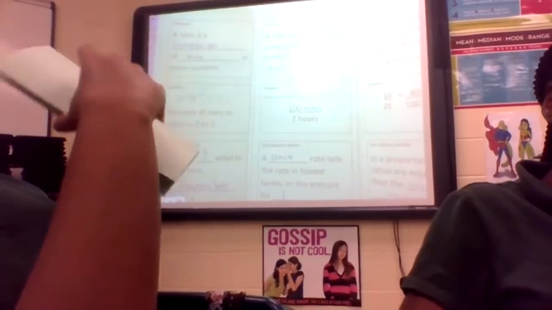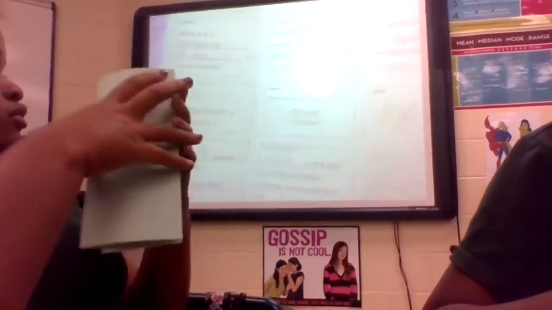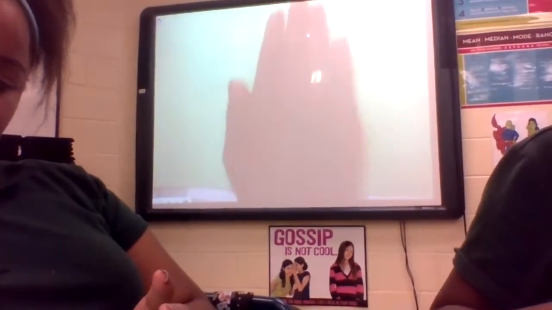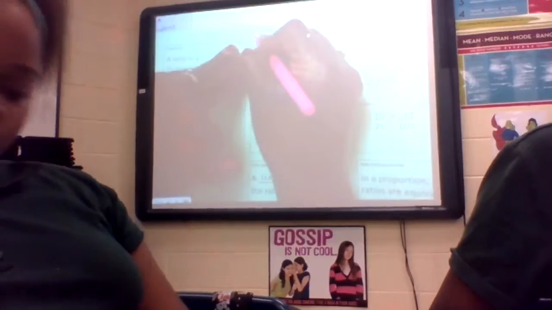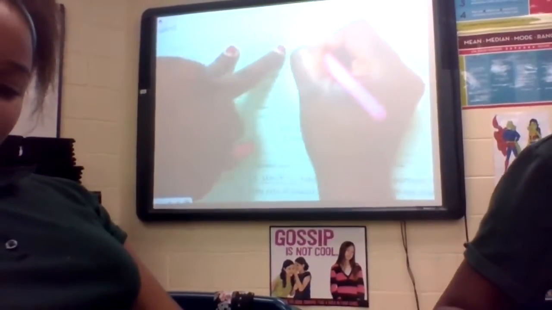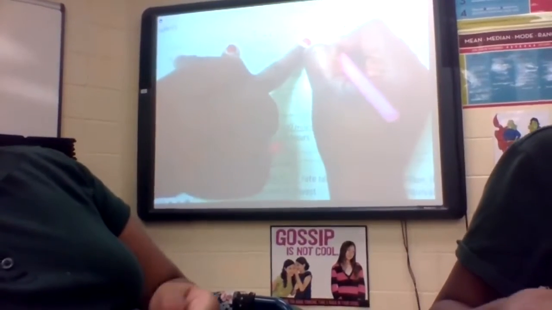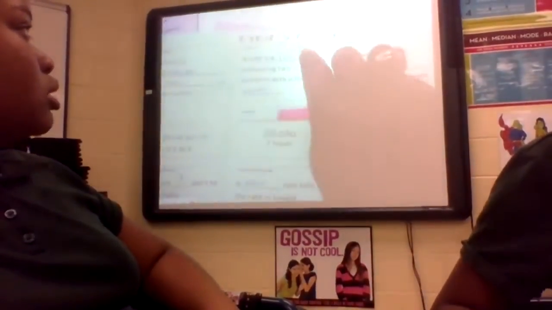Now, on the back side, which is this middle part, you are going to put glue in the middle part and glue it into your notebook. At the top, I want you to write the date, but write it on the notebook paper.